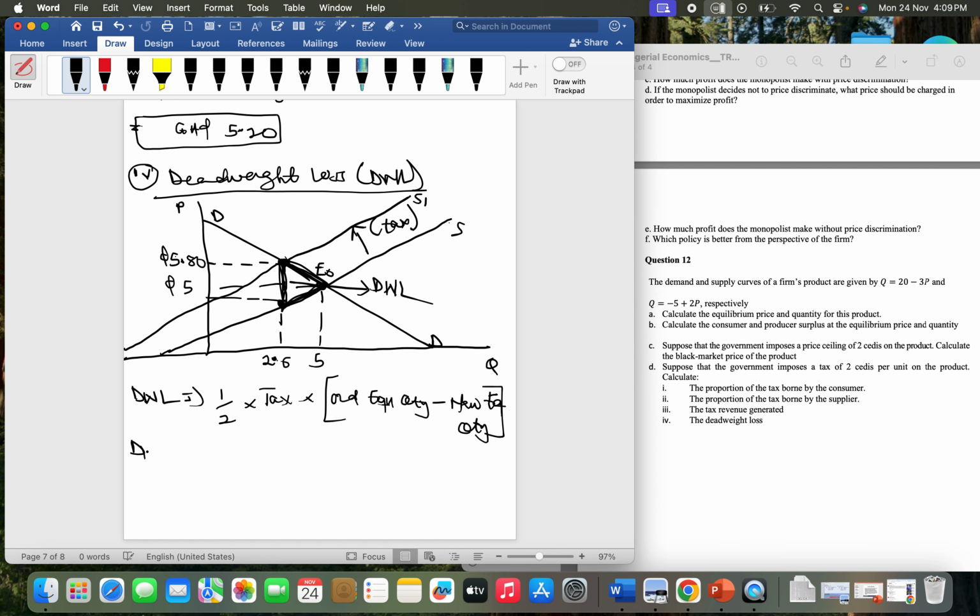So the deadweight loss is half times the tax, given in the question as 2 cedis, times the old equilibrium quantity of 5 units minus the new equilibrium quantity of 2.6. So half times 2 times 5 minus 2.6, we are going to get 2.4 on the calculator. So the deadweight loss is 2.4.